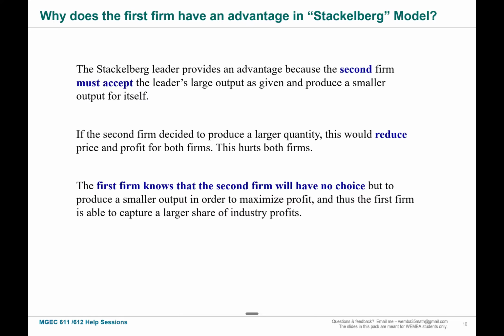If the second firm decided to produce a larger quantity, neglecting the reaction curve, this would reduce the price and profit for both firms, because the price falls when you produce more quantity than is needed. So the second firm, in its own interest, has to follow the first firm's lead. That's why the first firm has the advantage to produce more.